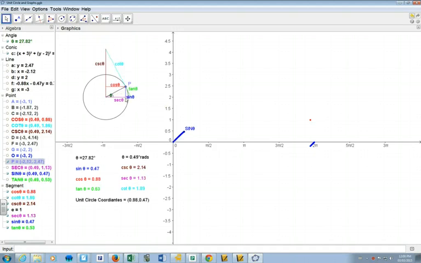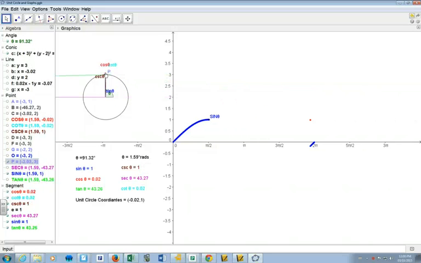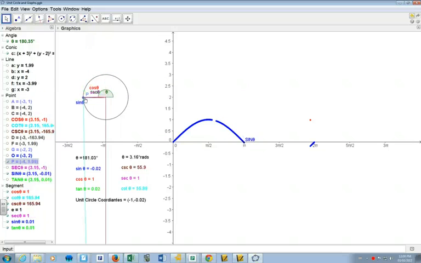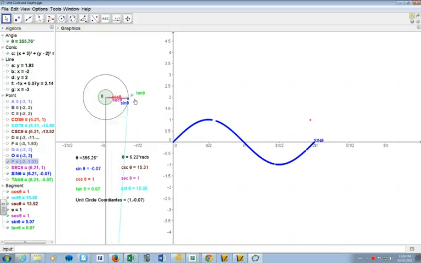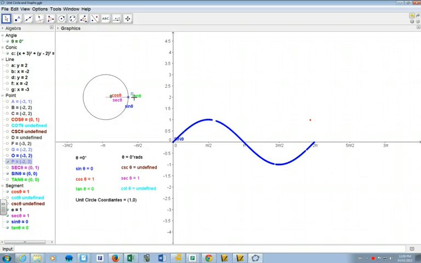And now you can see the blue line here. That's our y-coordinate. As we go up, that blue line increases until you get to pi over 2, where it's equal to 1. Back down to 0. Down to -1. And back to 0.